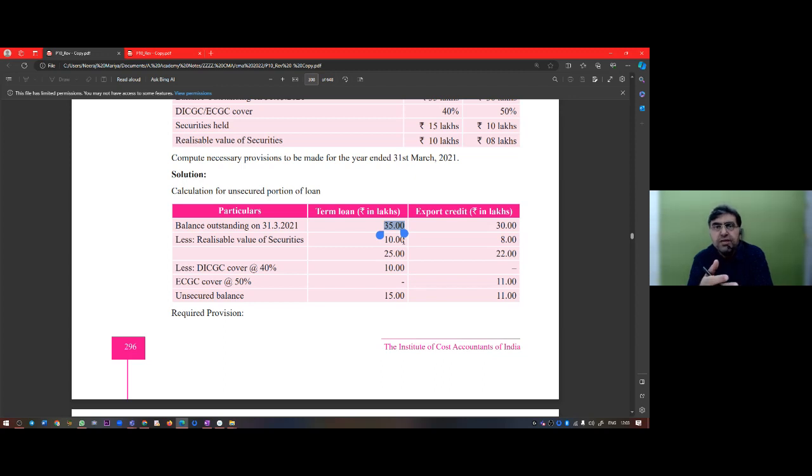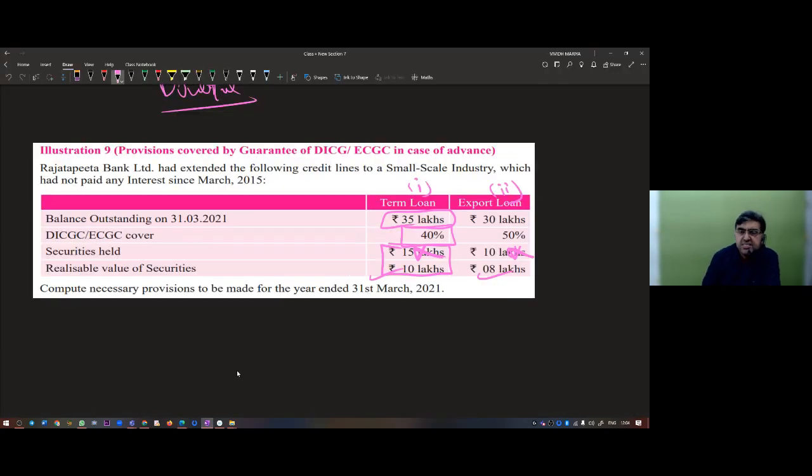So this is all government credit. CGC stands for Credit Guarantee Corporation. So the provision required is 10 lakh secured, 15 lakh unsecured.